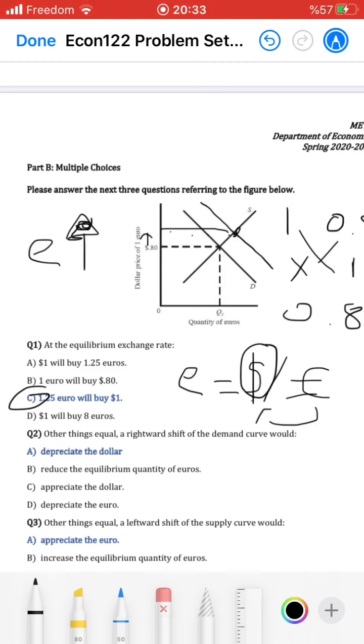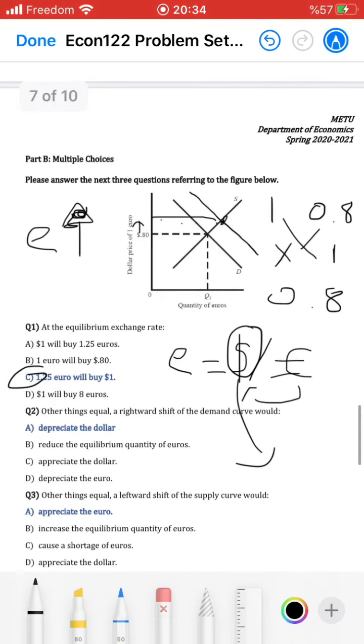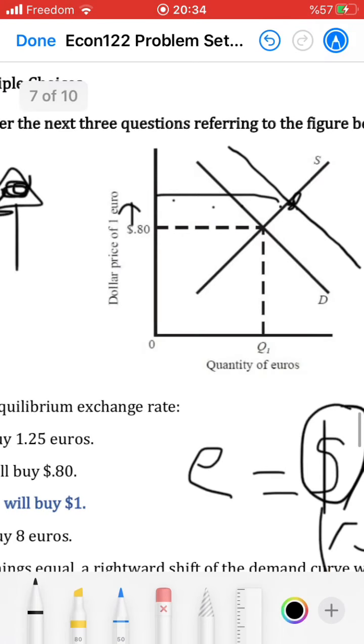In this case, we are referring to the dollar as our home currency, or our base currency. So it will depreciate the dollar because when E goes up, 1 euro will buy more dollars. What does it mean if 1 euro can now buy more dollars? That means that the value of the dollar is decreasing relative to the euro.